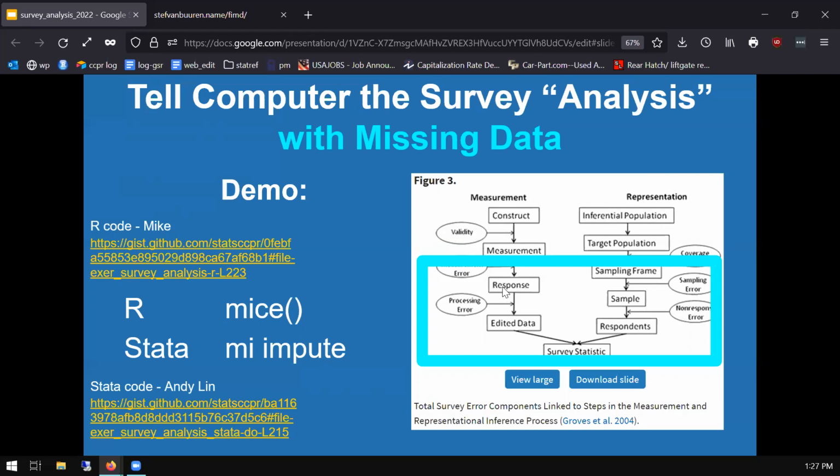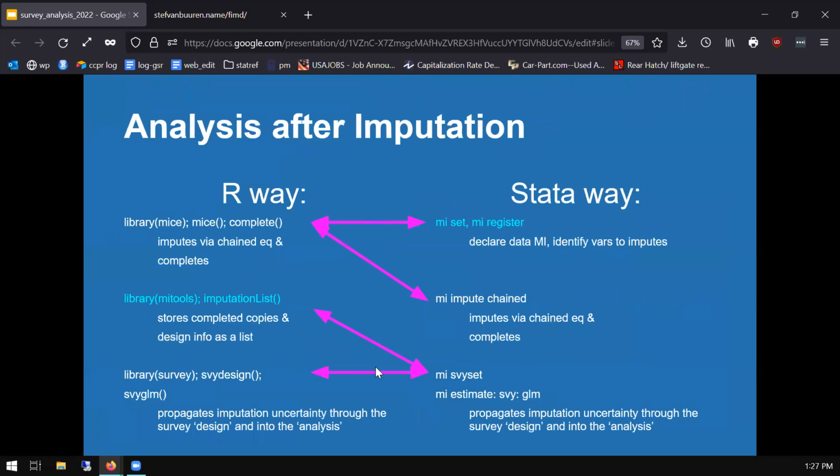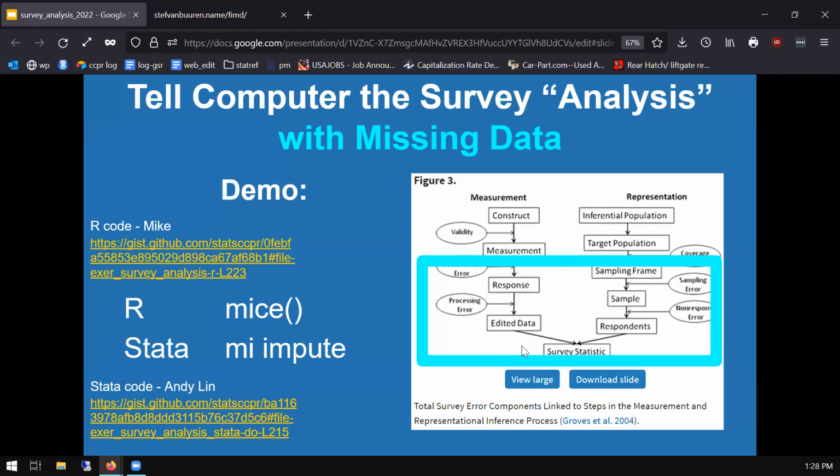What do you do about the people that don't respond to specific variables? Can you do something about it? MCAR, MAR, NMAR. What methods do you want to try to impute these variables? You're now in the measurement branch. But like we'll see in the code and earlier, at this stage, both in R and Stata, you propagate all of this into your final outcome.